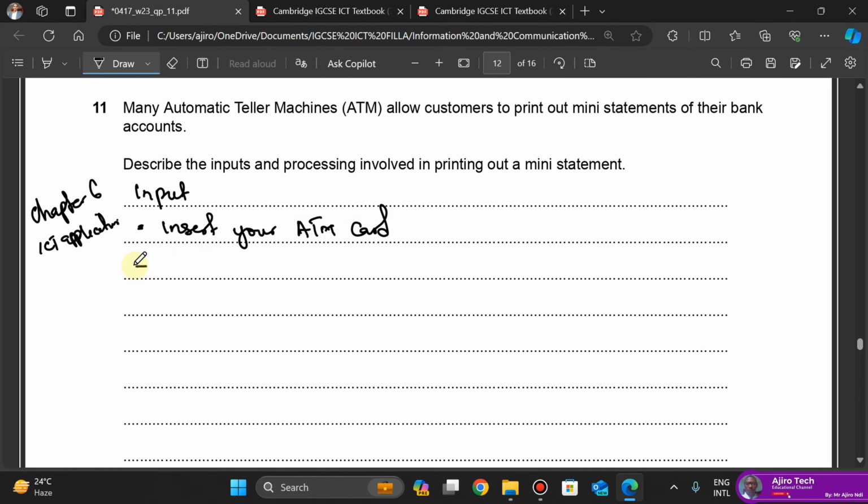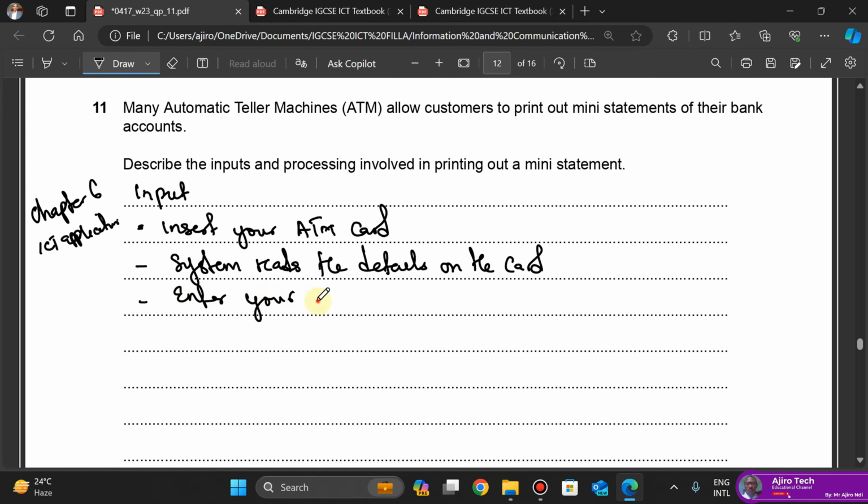The system reads the details on the card. Now you enter your preferred language.